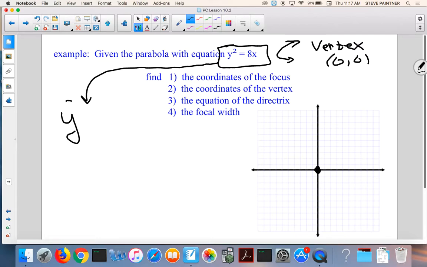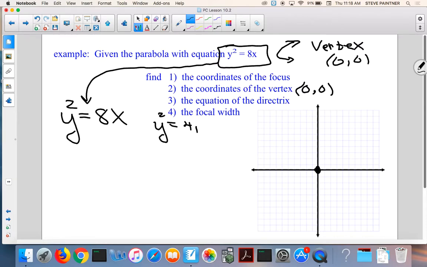Y squared equals 8x. Okay, and you already answered this question, or we kind of did. The vertex is 0, 0. What's the focus? What's the directrix? The only way you're going to know, guys, is to know the p value. How'd you know it was 2? Because 8 divided by 4 is 2. Okay, so here's what Maisie's doing. She knows it's a y squared.